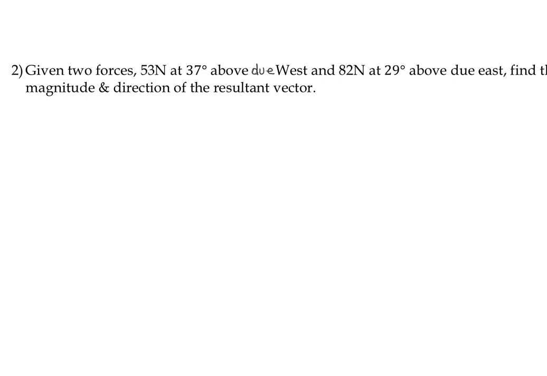Okay, this next one: given two forces of 53 newtons at 37 degrees above due west and 82 newtons at 29 degrees above due east, find the magnitude and direction of the resultant vector. So the first thing I'm going to do is draw my vectors.